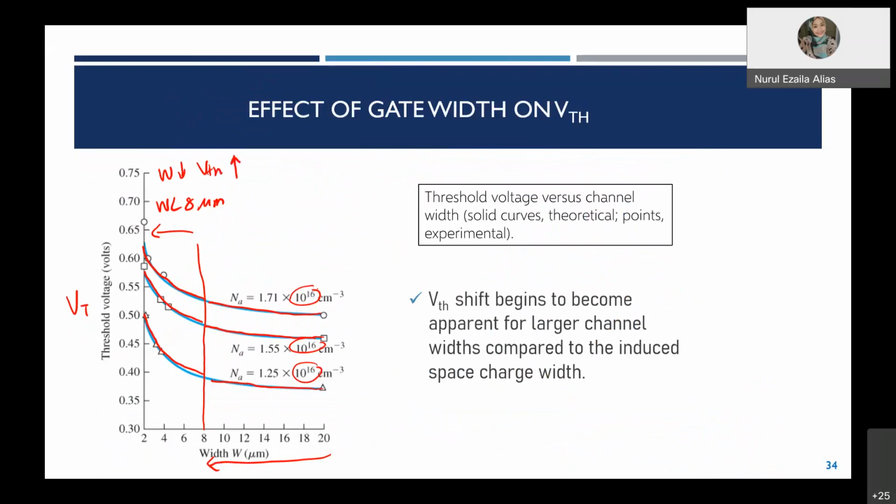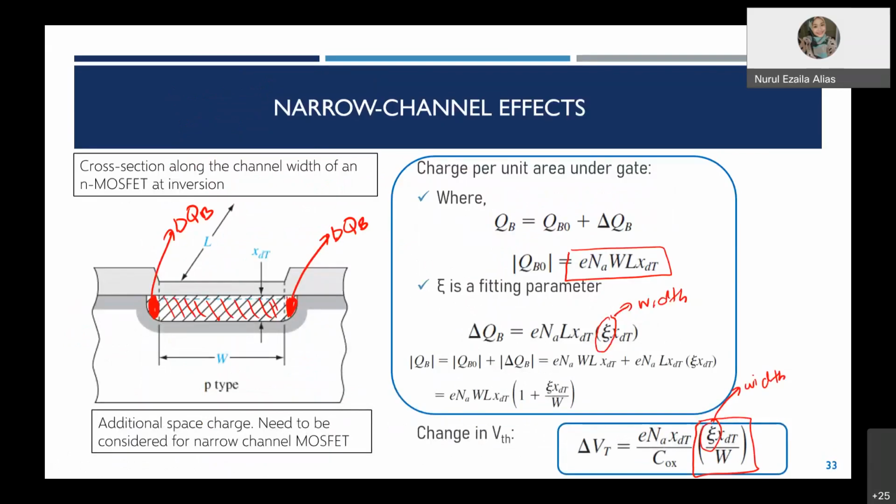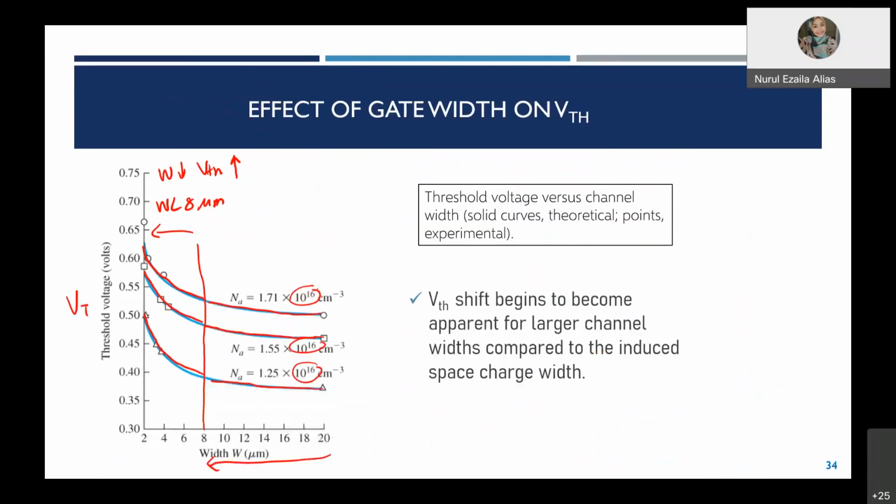So this is what happened, which you can explain in terms of the area of the channel. It becomes apparent, especially when W is reduced.